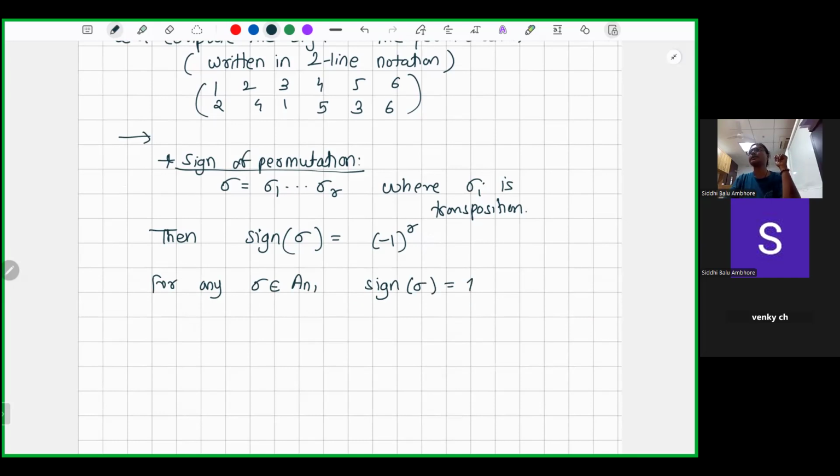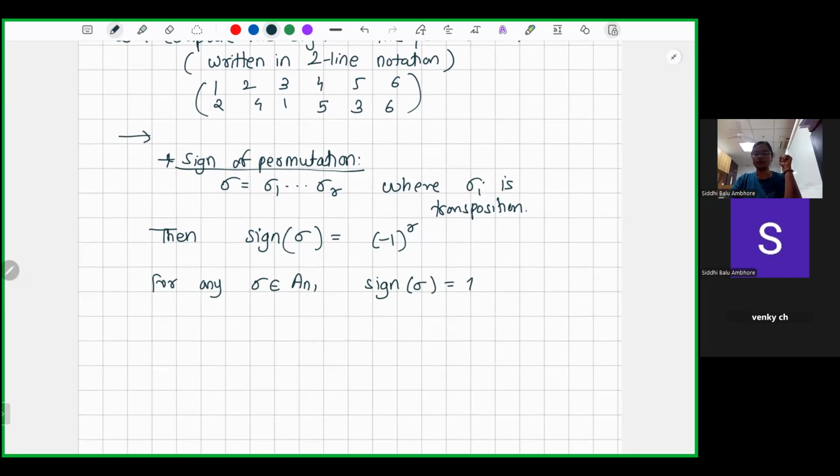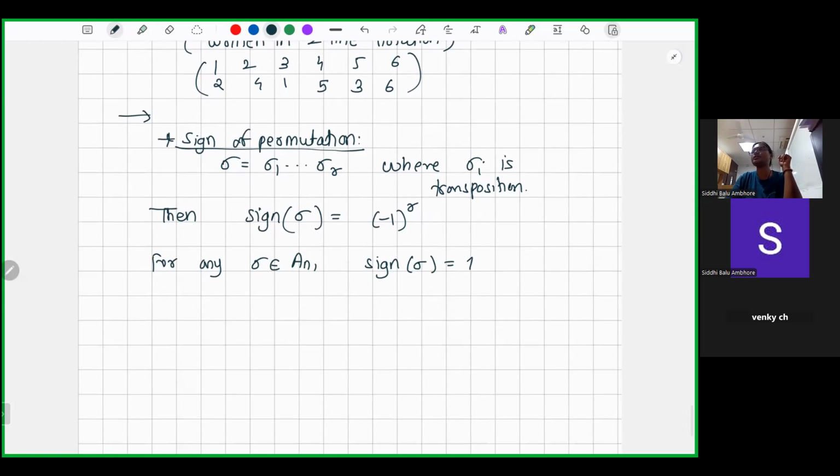And all the rest of the elements have sign -1. For example, every transposition is an odd permutation and it has sign -1.